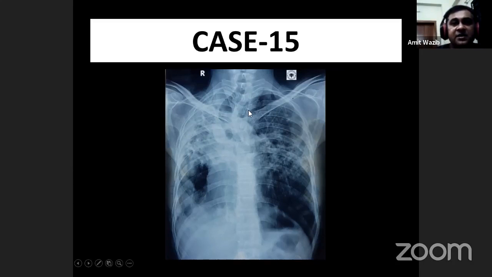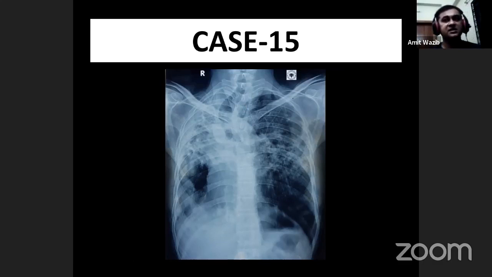But in addition to these patchy opacities, there is a non-homogeneous big opacity in the right upper part, that is the right upper zone and the mid zone. It should also be noted that the trachea and the heart are drawn towards the right side. So there is something which is pulling the mediastinum, the trachea and the heart towards it.